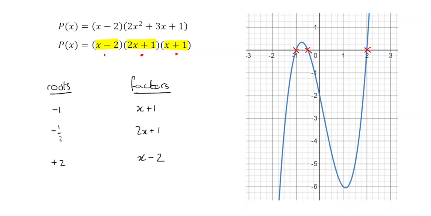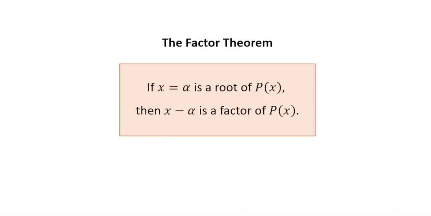And what you should notice is that there is a relationship between the roots and the factors. The relationship is going to be given by this statement here. So just look at the formal statement. We're saying that if x equals alpha is a root of a polynomial, then x minus alpha is a factor. Right? So, for example, if 5 is a root, then x minus 5 will be a factor.